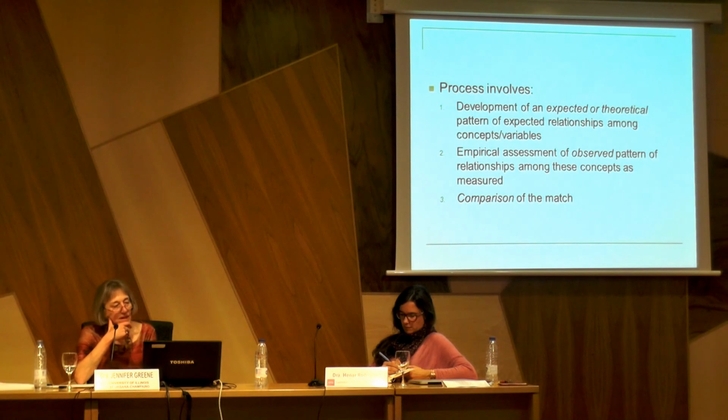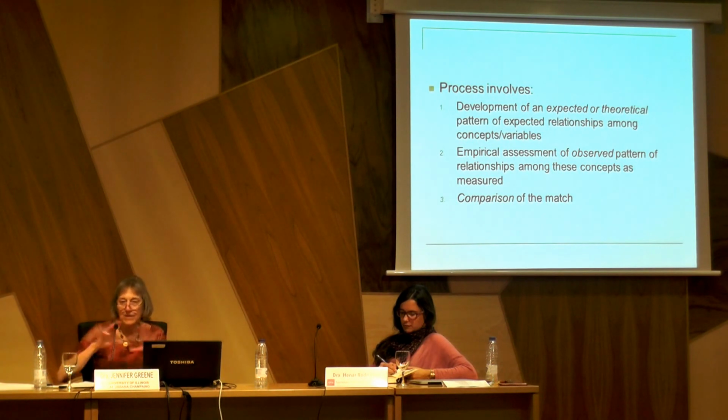The process involved the development of an expected or theoretical pattern of relationships among these concepts. We expect them to show this kind of relationship one with the other. An empirical assessment of the observed pattern of relationships among these concepts. And the comparison of the match.